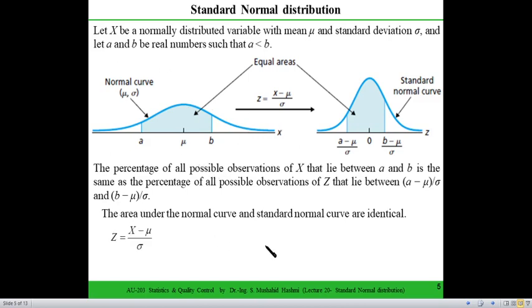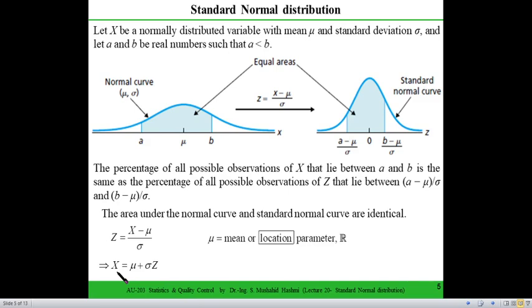So by transforming x into z, we can say that x would be equal to z multiplied by sigma plus the mean. We will be able to convert back into the variable x.